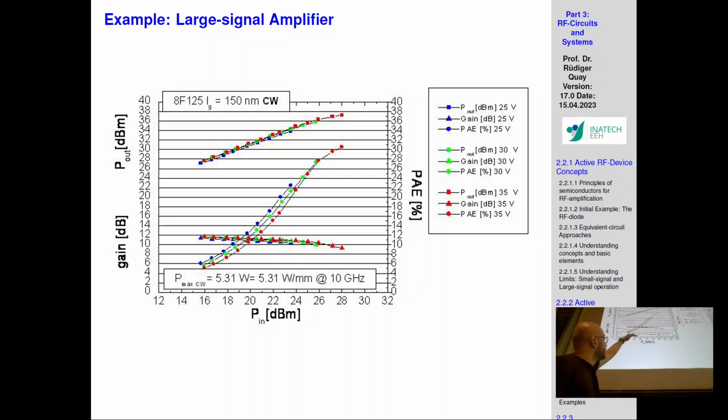And the more you back off, the more you move away from the saturation point, the more linear your device is. That's why the gain is consistent. A linear gain means that the gain is consistent. Basically, whatever we're changing at the gate, the drain current remains the same, so the gain remains flat. The gain here is depicted with the triangles. You see the gain in the lower part, where the input is low, is flat across it.